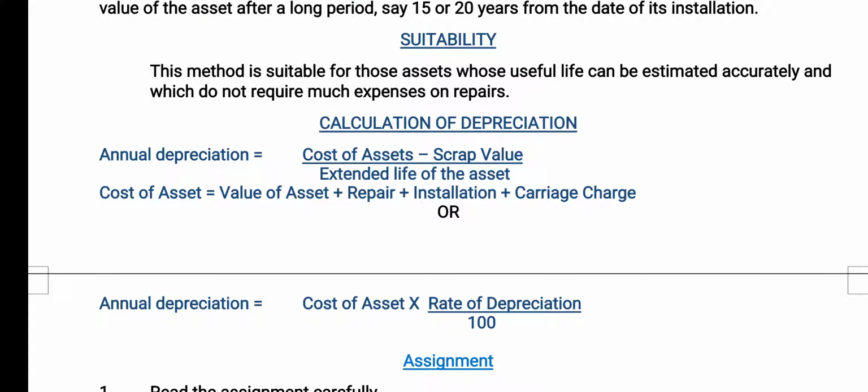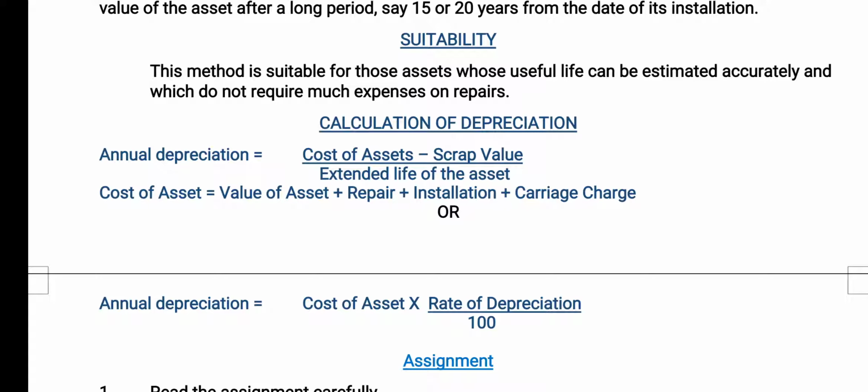Now we will discuss the calculation of depreciation. There are two formulas to calculate the annual depreciation. The first one: annual depreciation is equal to cost of asset minus scrap value, divided by estimated life of the asset. Here cost of asset means you are going to include the value of the asset plus the repair plus the installation plus carriage charges.